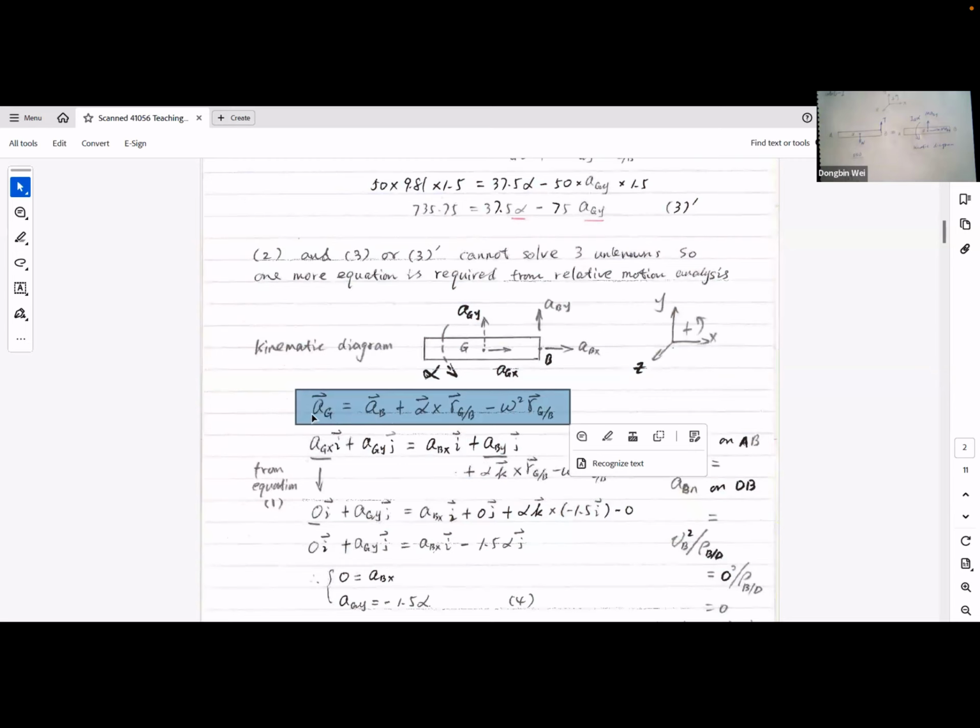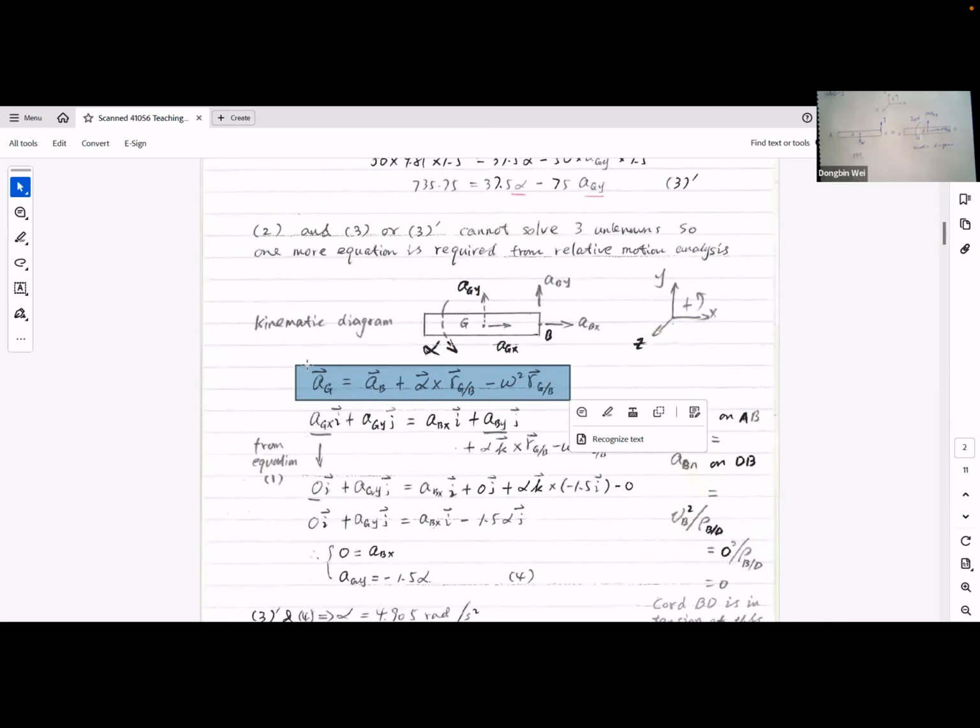Now, for acceleration analysis, we only have one equation involving 2 points, G and B. And in my expression here, I put G on the left side, and B on the right side. Okay. So this is vector calculation. Okay. And for AG, we have AGX and AGY. AGY, we don't know.